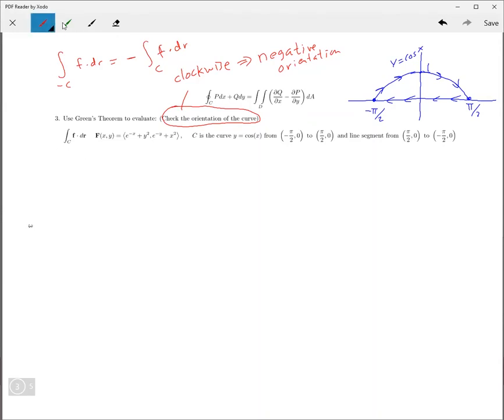So let's go ahead and do it. It's F dot dr, so that means e to the negative x plus y squared dx plus this one, e to the negative y plus x squared dy. That's what we're integrating.